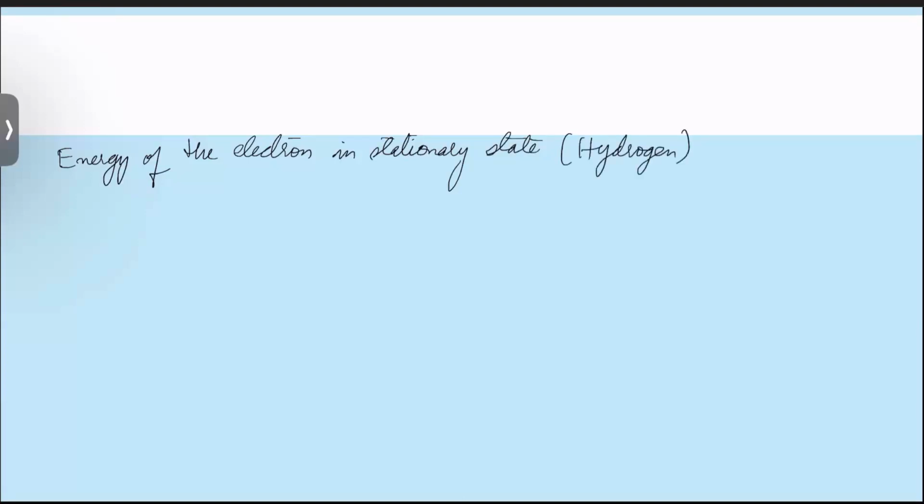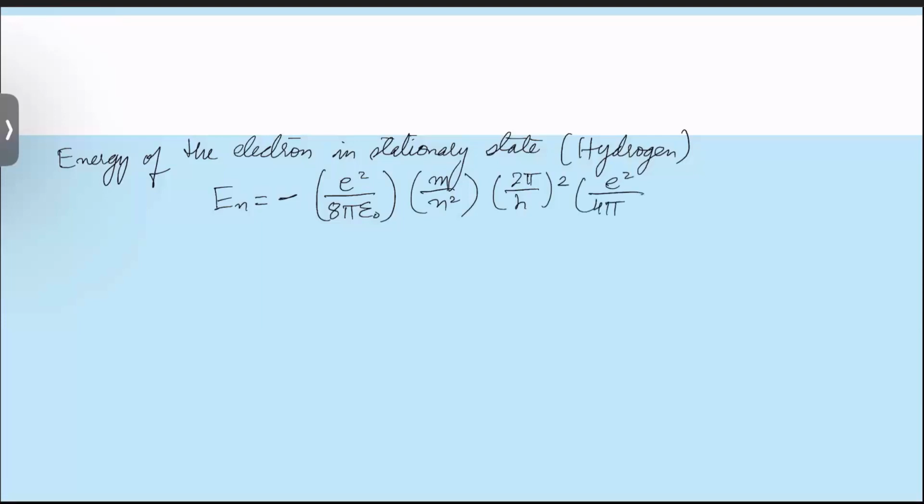So if we consider hydrogen again, then we can write En equals e square by epsilon 0, m by n square, 2 pi h square and e square by 4 pi epsilon 0. Then this reduces to En equals m e raised to 4 upon 8 n square epsilon 0 square h square.